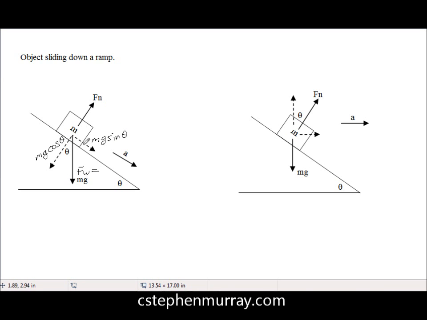So in the final analysis of this, we can see that if we change the axes like this, we make this the positive x-axis, make this the positive y-axis. Now you might ask, why am I doing that? I used to tell my kids it was because if there's friction on here, then you have two forces that are parallel to the axes and one that is not, so you're only resolving one.